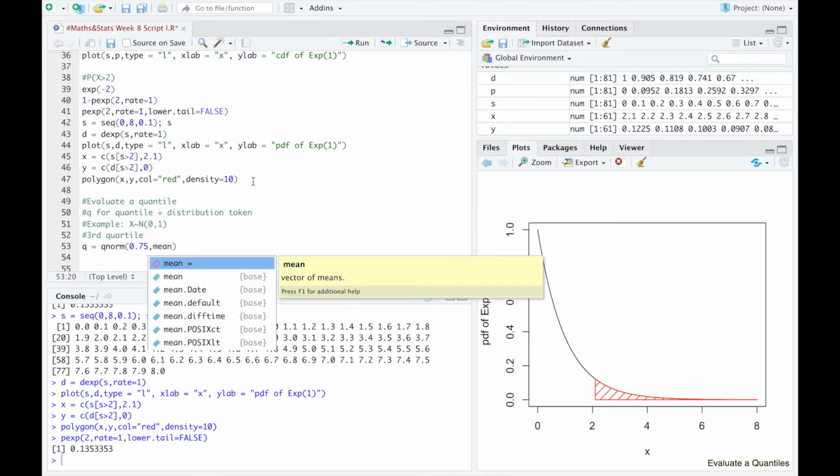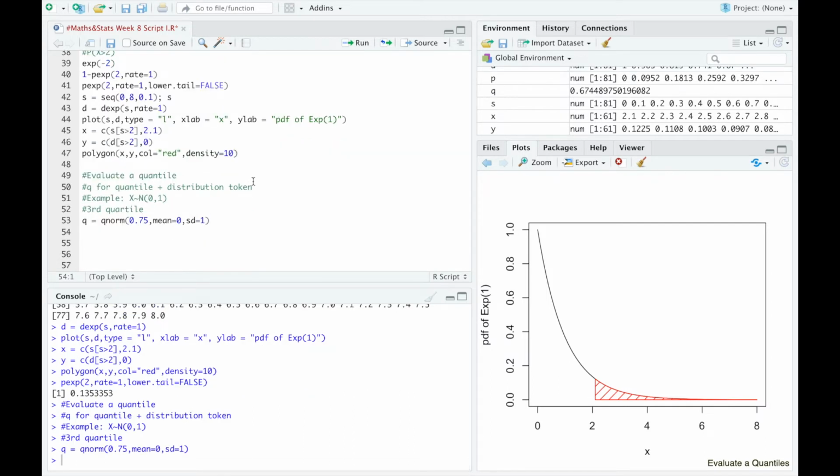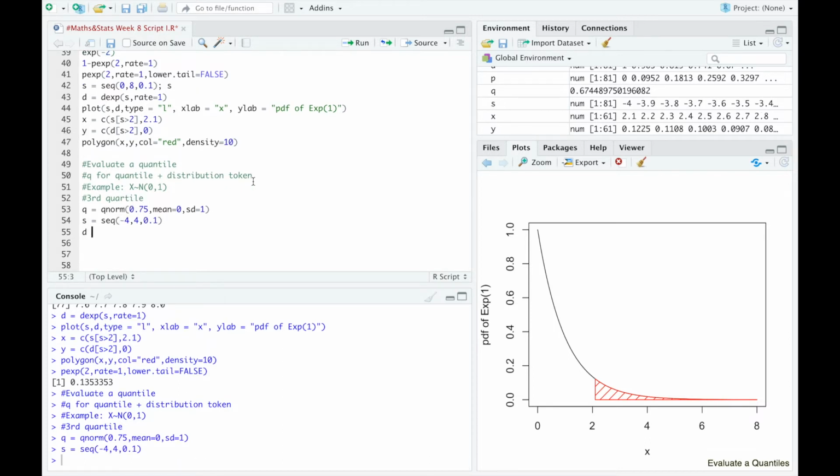We have to specify the mean equals 0 and the standard deviation of 1. So we will explore visually what we are doing. We define s as a sequence from -4 to 4 with increments of 0.1, and d will be the dnorm of s.